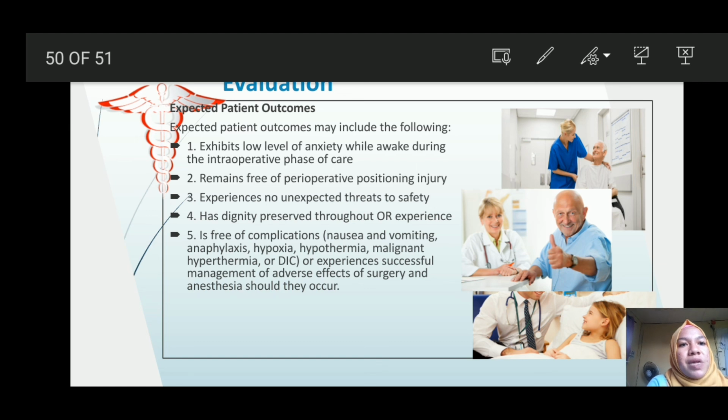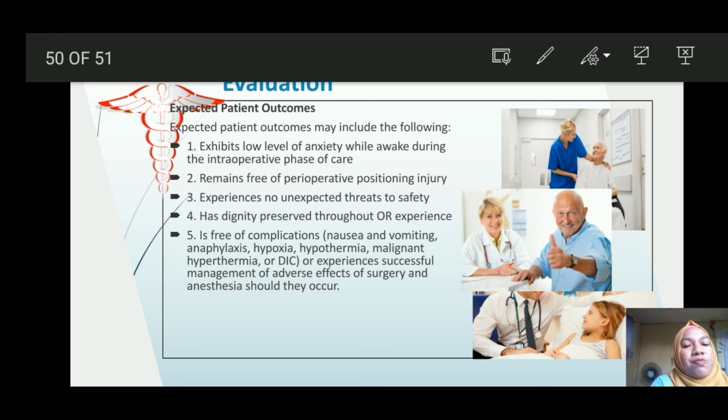Expected patient outcome may include the following: exhibits low level of anxiety while awake during the intraoperative phase of care, remains free of positioning injury, experiences no unexpected threat to safety, has dignity maintained throughout the OR experience, and is free of complications like nausea, vomiting, anaphylaxis, hypoxia, hypothermia, malignant hypothermia.